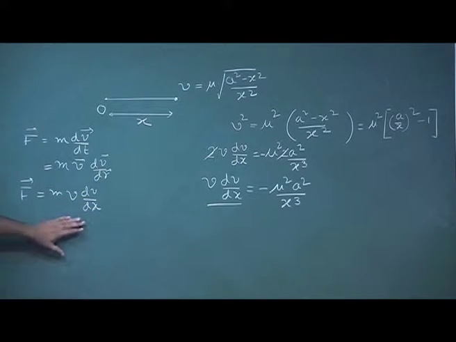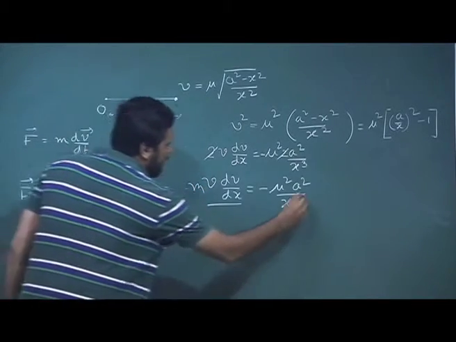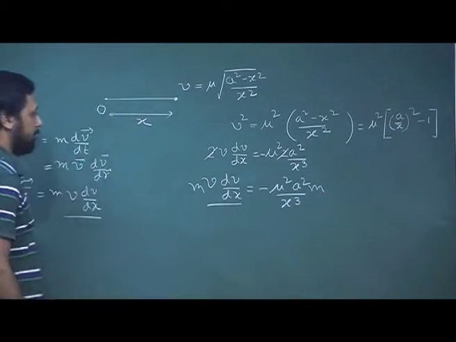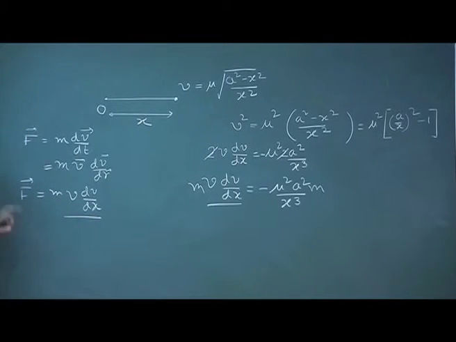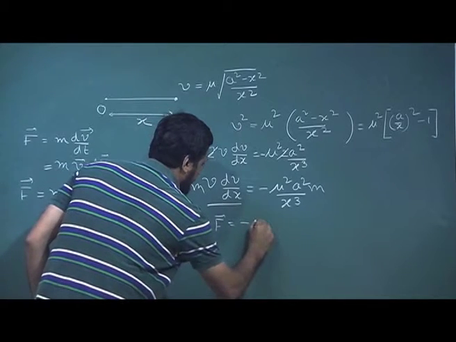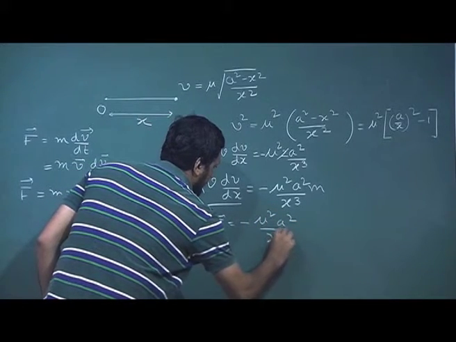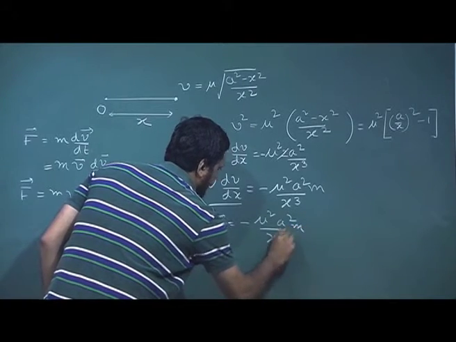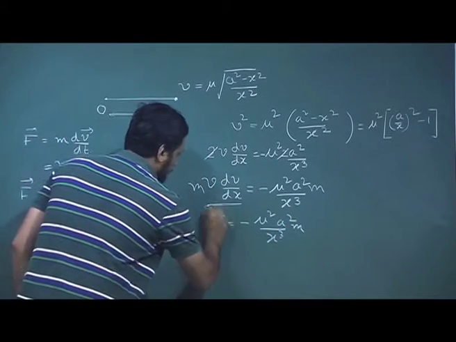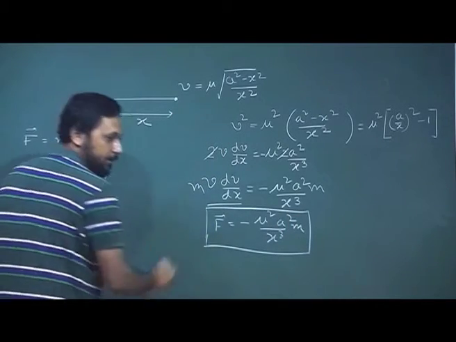Now, look at this term. If we multiply this term with m, the mass of the particle, we can replace the left hand side with F, which will be simply minus mu square s square m by x cube. So, this is our final result.